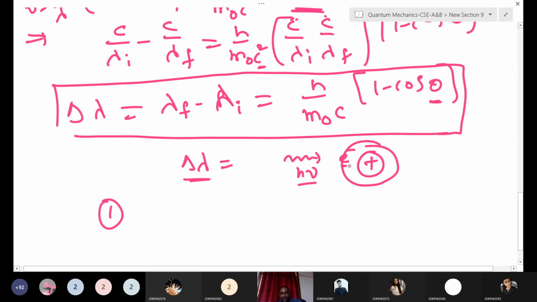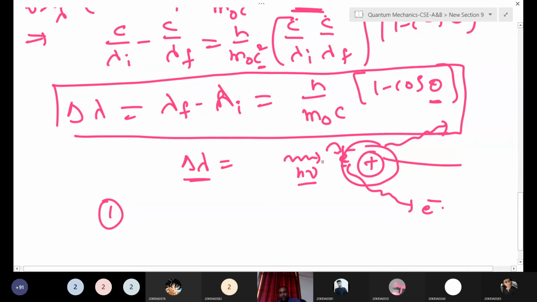After hitting, this electron recoils in this direction or any direction, and the photon also scatters in some other direction. In this scattering, the electron recoiled, which means the incident photon lost some energy to this electron. After gaining energy from this collision, the electron moved in one direction and the photon moved in another.